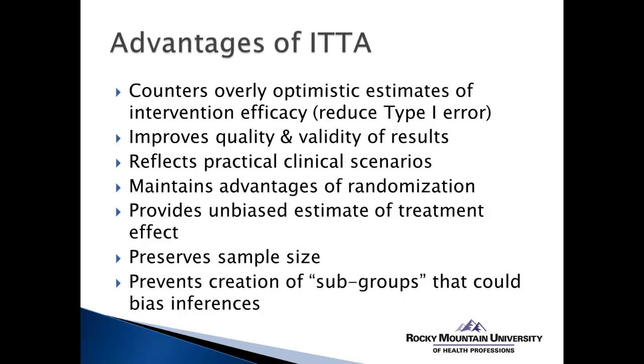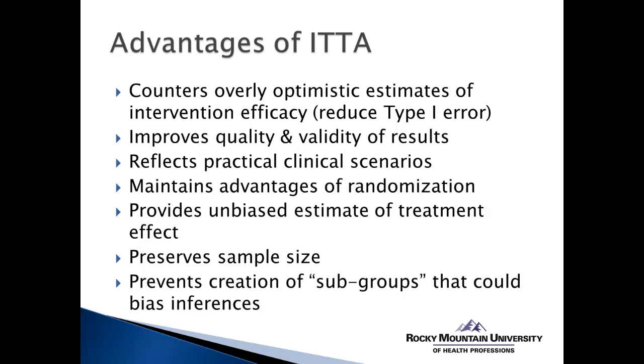Now let's talk a little bit about the pros and cons of intention to treat analysis. The advantages of using intention to treat is that it tends to counter overly optimistic results of intervention efficacy. So if we have that explanatory idea, we're only studying people that have 100% perfect compliance, that can actually overestimate the effect of the treatment.